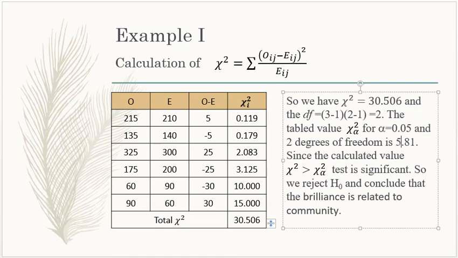Anyway, since the calculated chi-squared is greater than the tabulated value, we can conclude that there exists an association, or we reject H naught and conclude that brilliance is related to community.